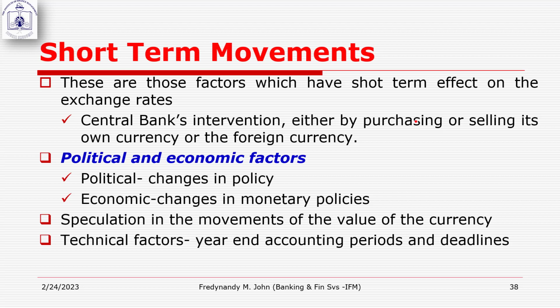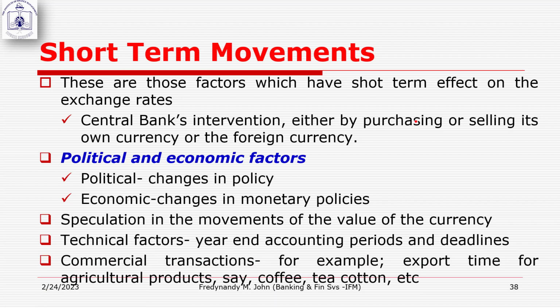There can be some technical factors, that is, for instance, year-end accounting periods and deadlines, commercial transactions, for example, export time for agricultural products, say coffee, tea, and cotton. Remember, once we harvest and we want to export, it means the importer will demand your domestic currency in order to be able to purchase whatever you are exporting.